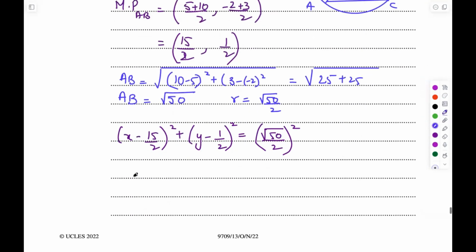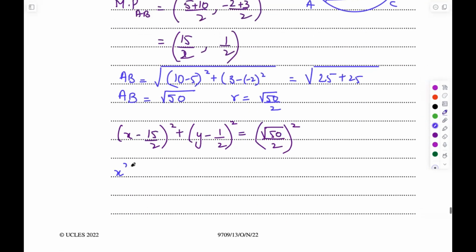Expanding x minus 15 upon 2 whole squared, that will become x squared minus 2 into x into 15 upon 2 plus 15 upon 2 whole squared. Expanding y minus 1 upon 2 whole squared, that will become y squared minus 2 into y into 1 upon 2 plus 1 upon 2 whole squared, which will become 1 upon 4.